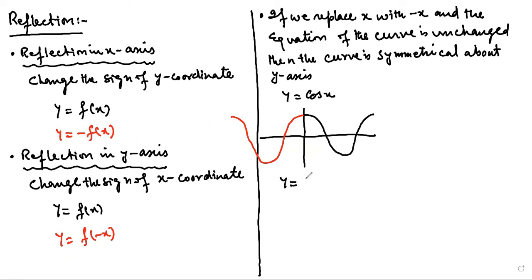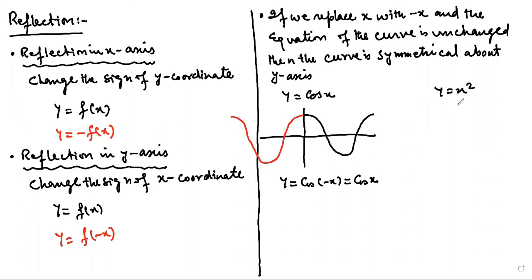When I replace x with minus x, there is a rule of trigonometry that cos of minus x is equal to cos of x. The equation of the curve is unchanged and the curve is symmetrical about y-axis.